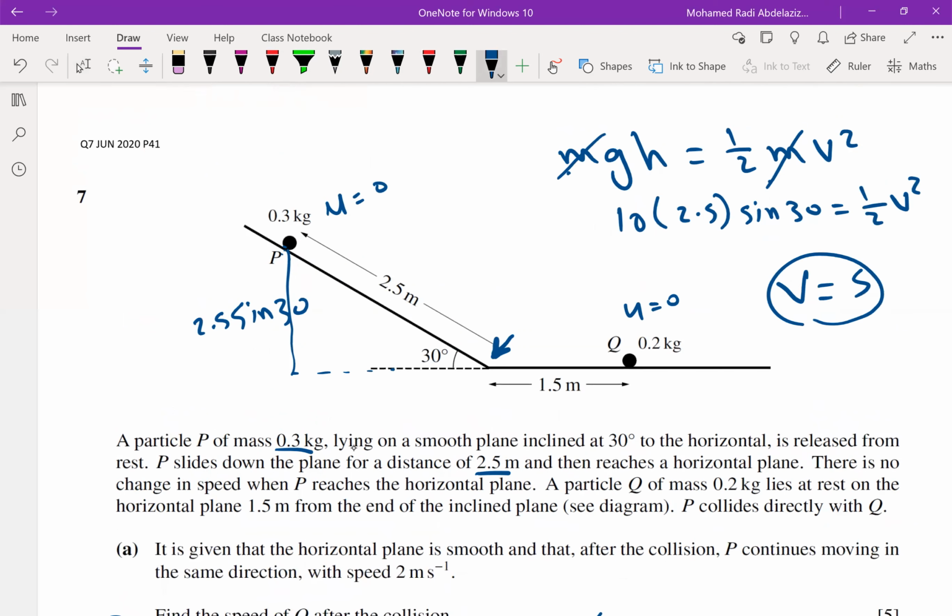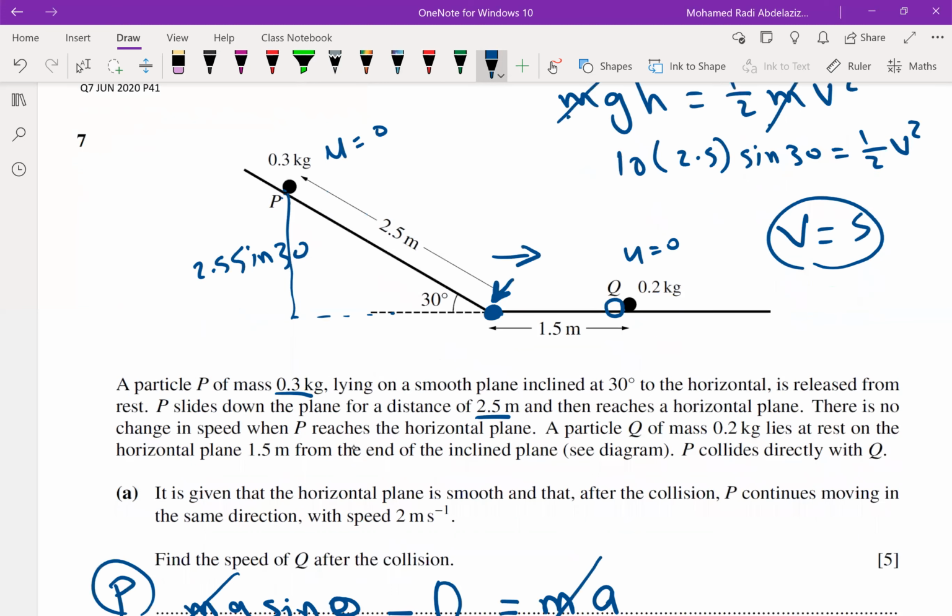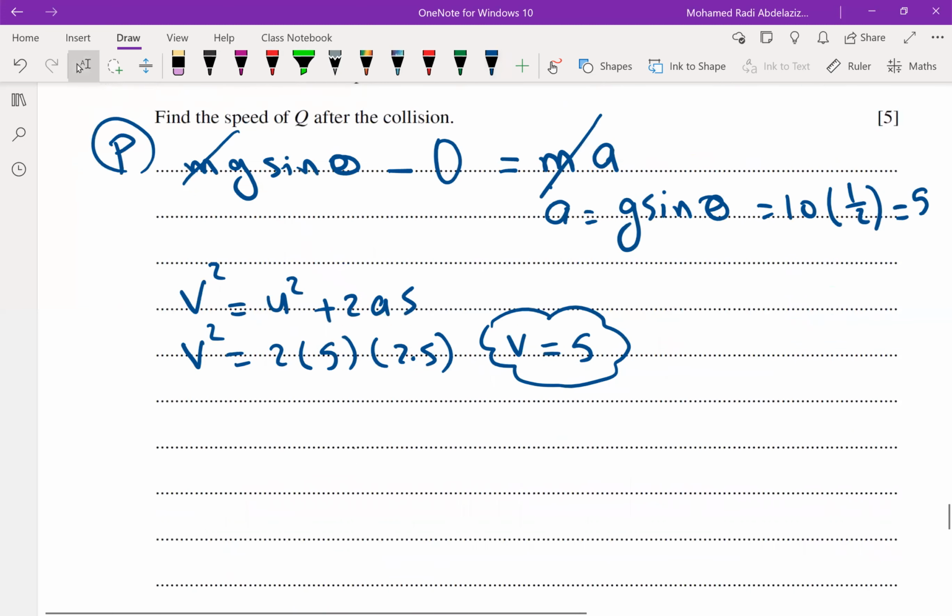So the particle P now at the end continues on the plane because it's smooth, so it hits particle Q with a speed of 5. Now momentum before the collision is equal to momentum after the collision.